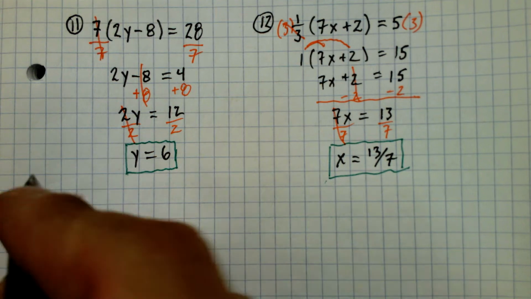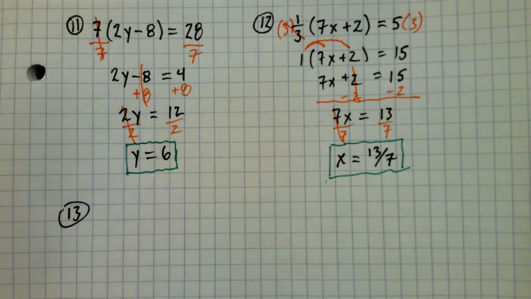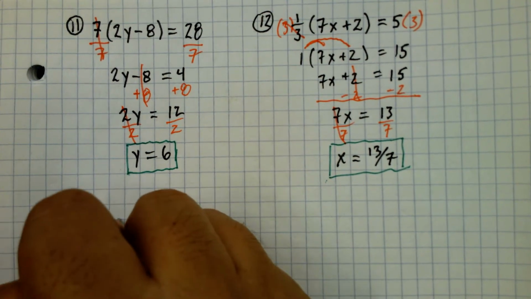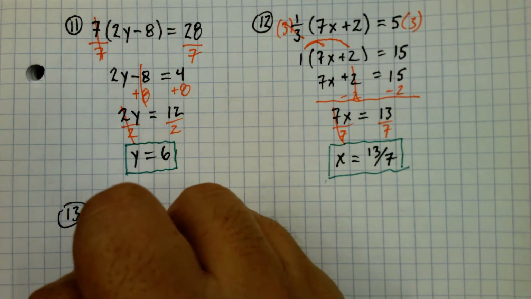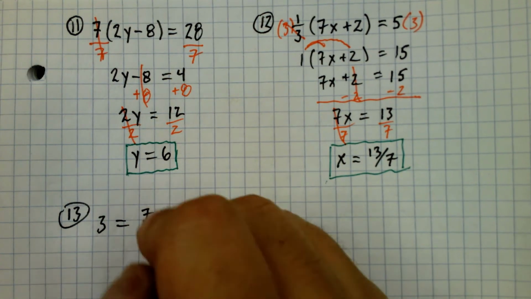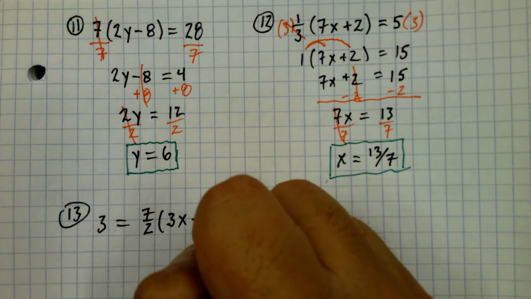Okay, so this will be number 13. Okay, here we go. 3 equals 7/2 times parentheses 3x take away 4.